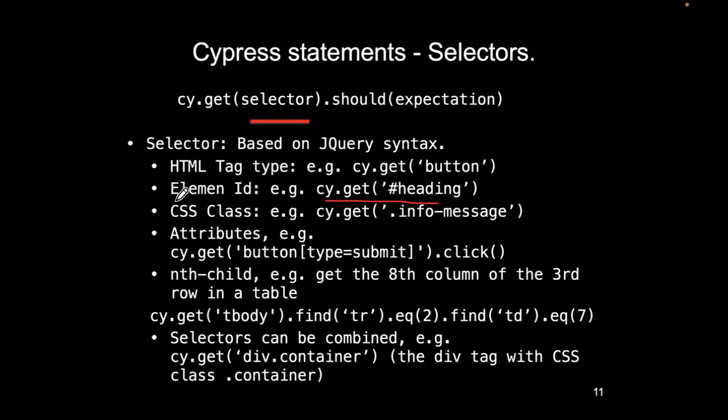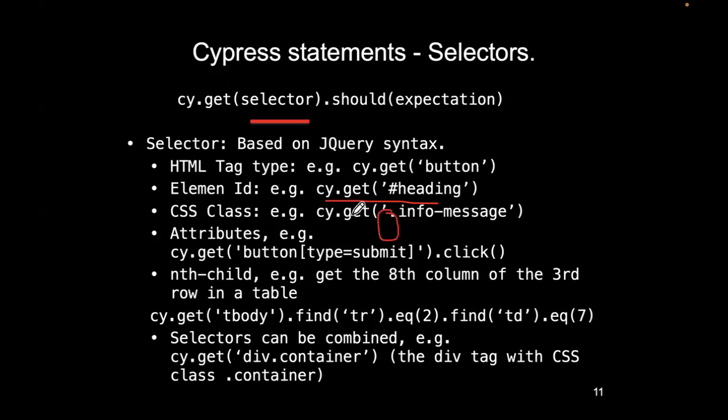Or you may specify the selector by giving the CSS class that the element or elements have. And when it's a CSS class, then you start with the dot character and then the actual CSS class itself.